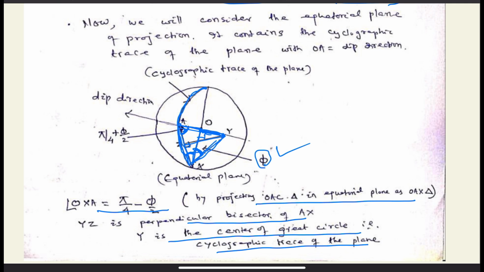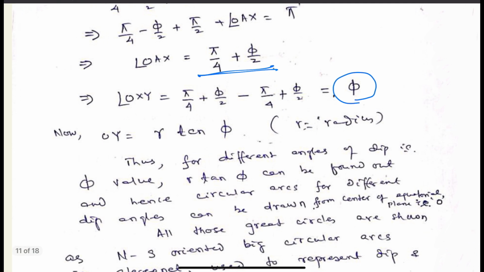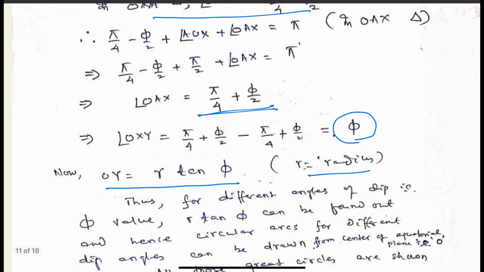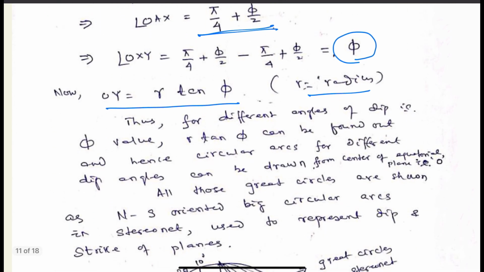So in this triangle we got OY equal to r tan phi. So this is the simple process of solving the angular relations in triangles, and finally we got phi, and by taking phi into account, we got OY equal to r tan phi.